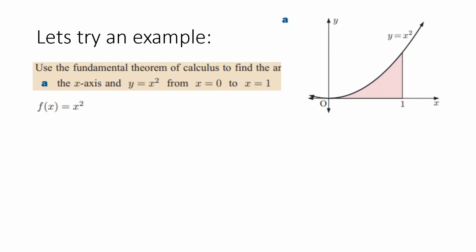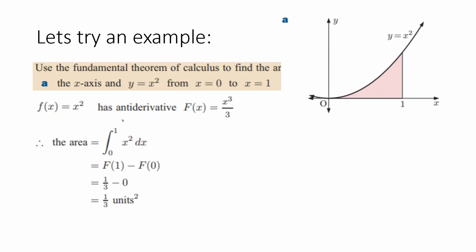And then instead of multiplying by the power, let's divide by the new power, so we get x cubed over 3. Now, once we have the capital F of x, we can just substitute a and b, or in this case 0 and 1, to get the following formula, and then we know the area under the curve is 1/3 of a unit squared.